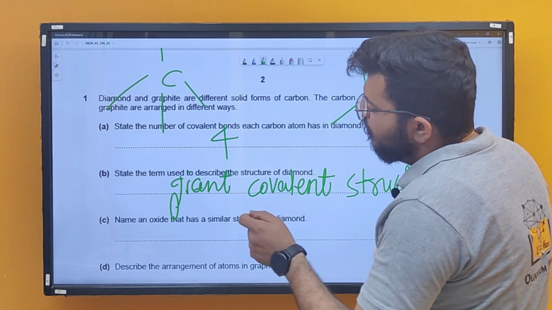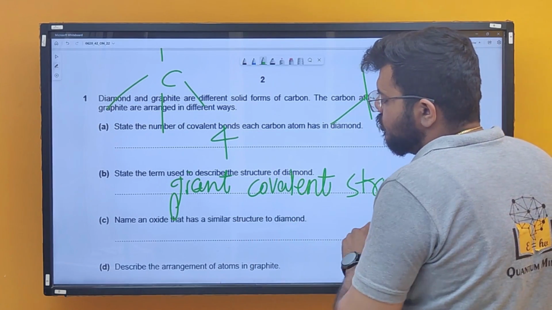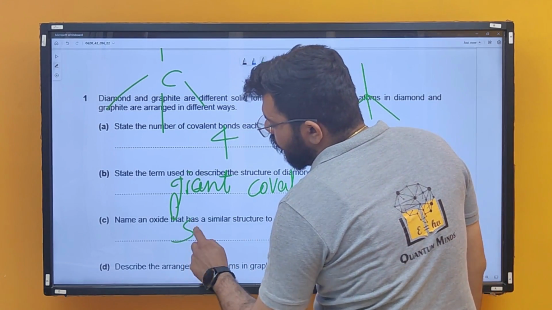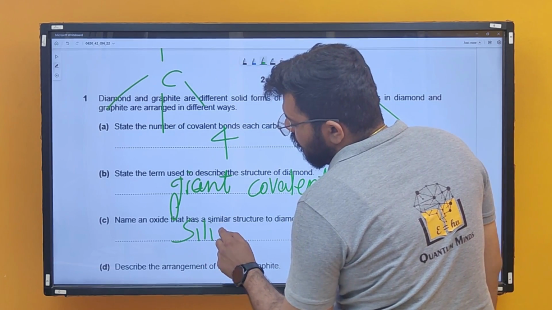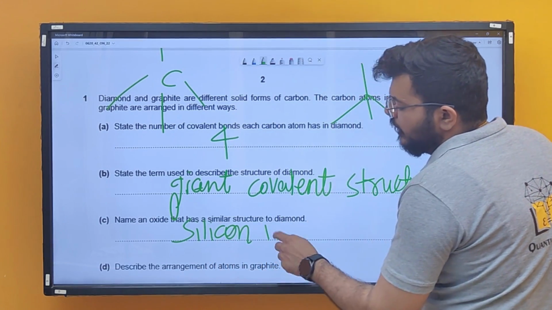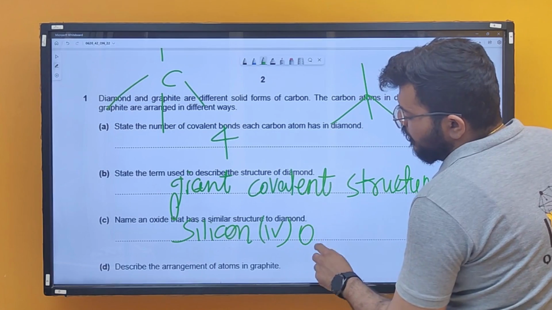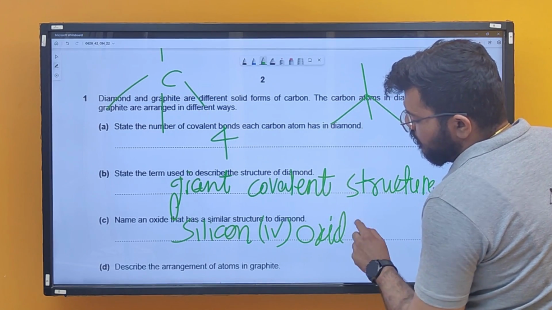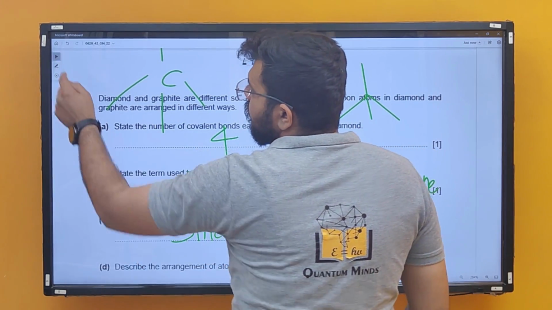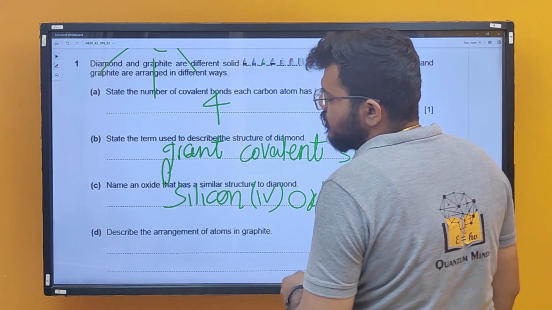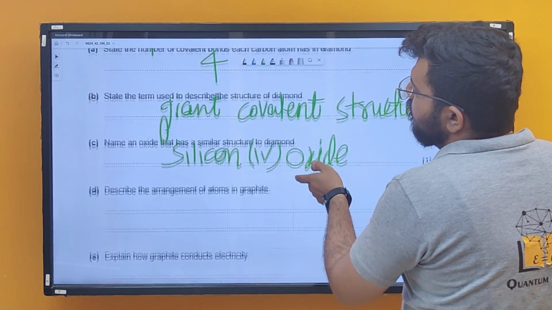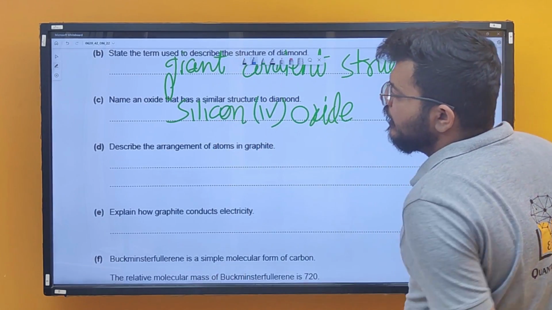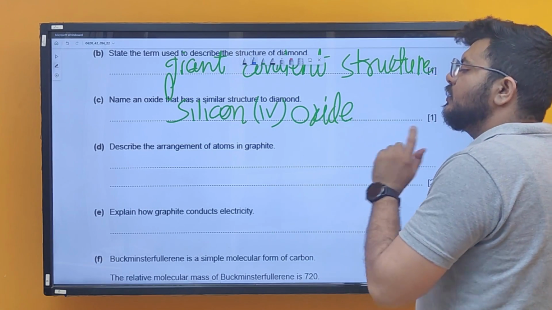Okay, name the oxide that has similar structure to diamond. Silicon 4 oxide, right? We have understood that silicon 4 oxide also has similar structure. Then part D of this question, describe the arrangement of atoms in graphite.